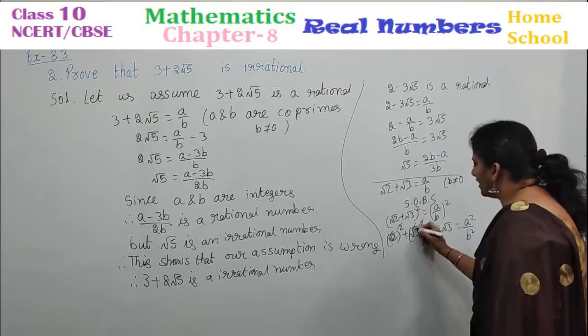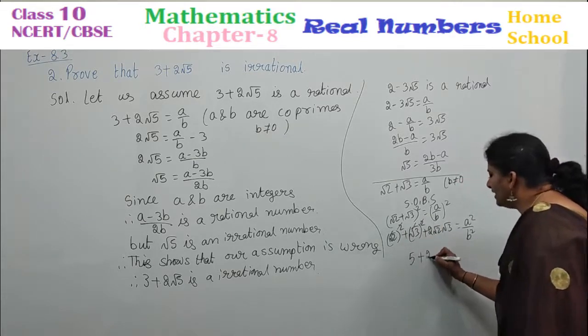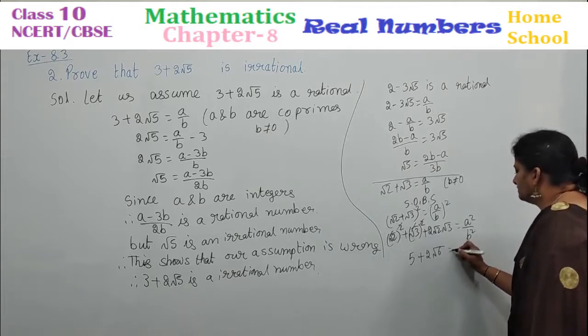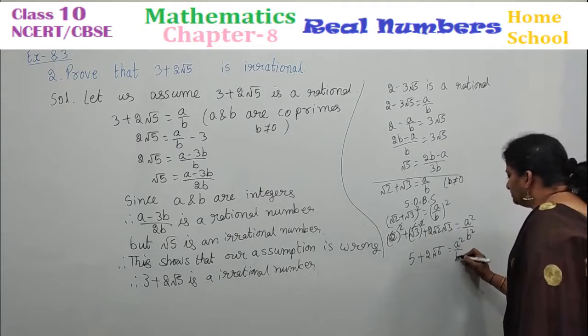Now the square roots will be cancelled. 2 plus 3 will be 5, plus 2 root 6. Single root, your order is same, so you can multiply.